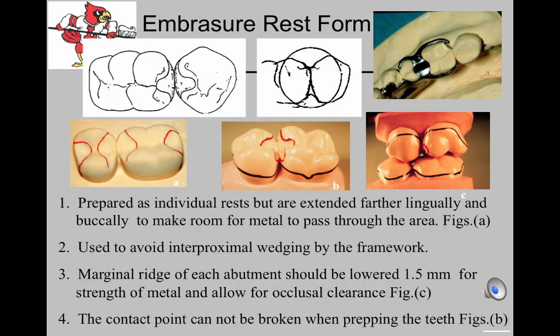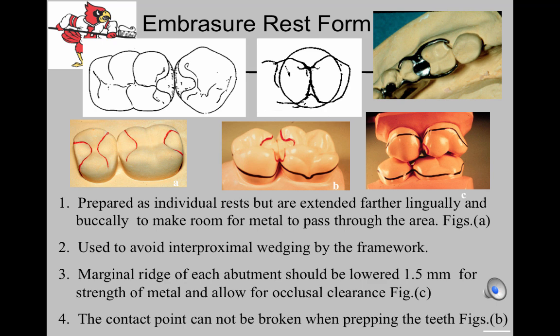Take a look at the pictures on this slide for the embrasure rest form. The embrasure rest is prepared as individual rests, but they are extended farther lingually and buccally to make room for the metal to pass through that embrasure area. It is used to avoid interproximal wedging by the framework.